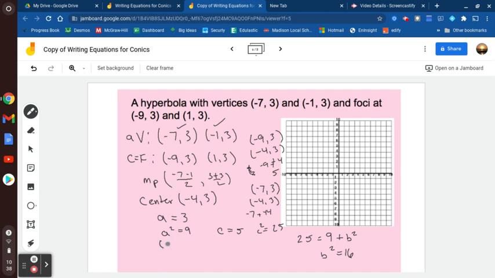So you're going to have x, center is -4, so it becomes x plus 4 squared over a squared, which always comes first, 9, minus y minus 3 squared over b squared, which is 16, equals 1.